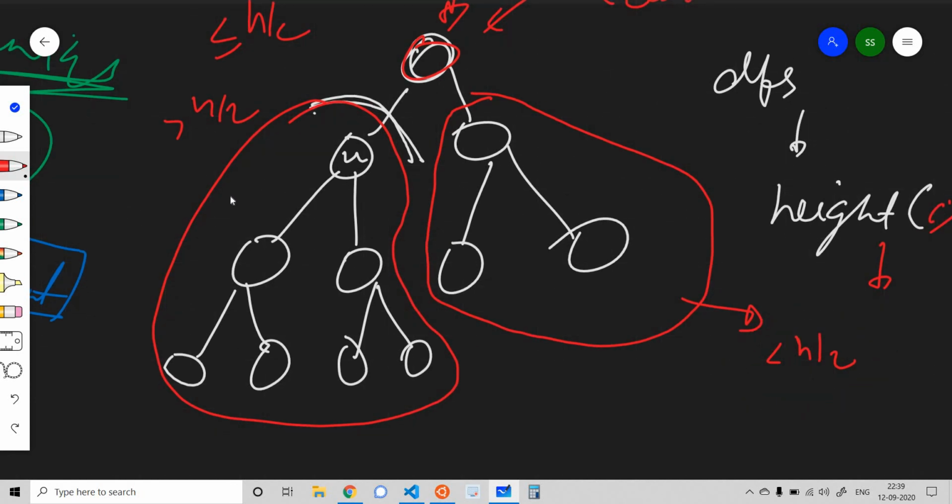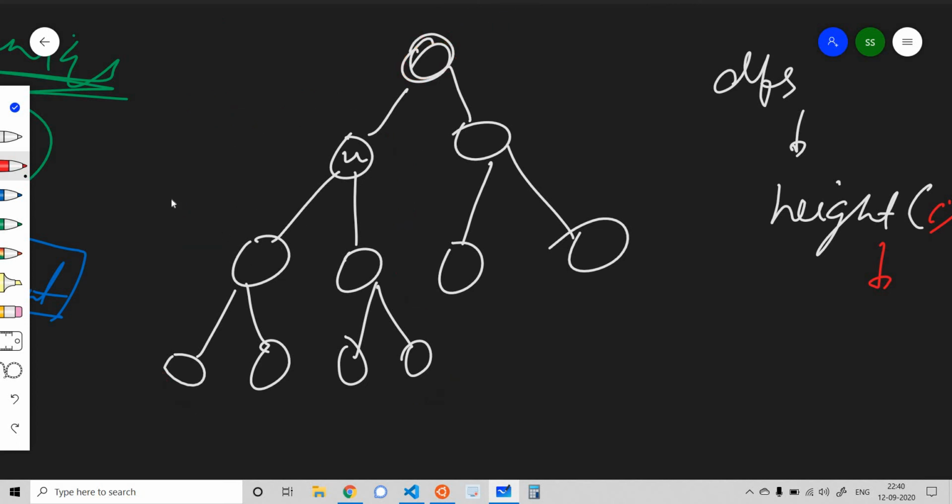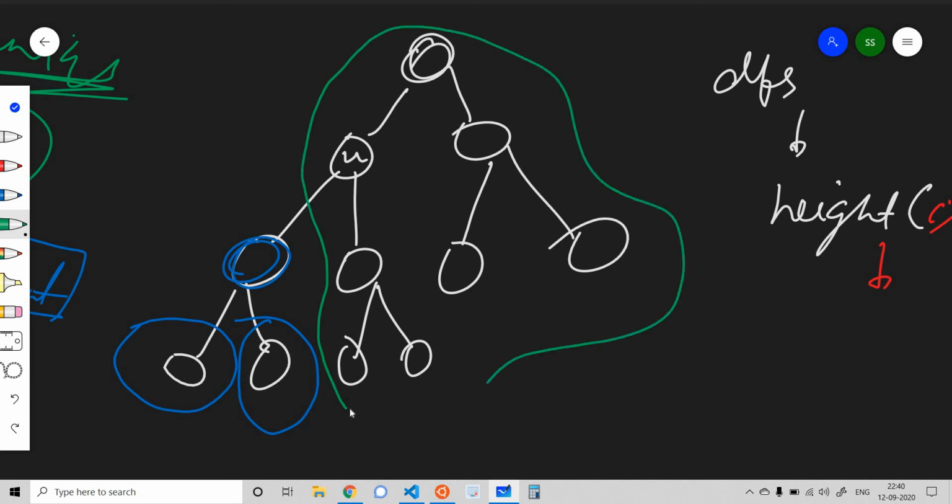the subtree which is on the above side, that is the ancestor part. Let's see. So if I'm considering this node, we should check the size of this subtree, and this subtree, and also the size of this subtree.